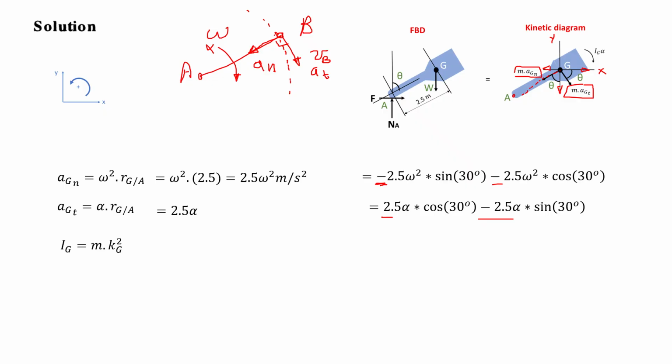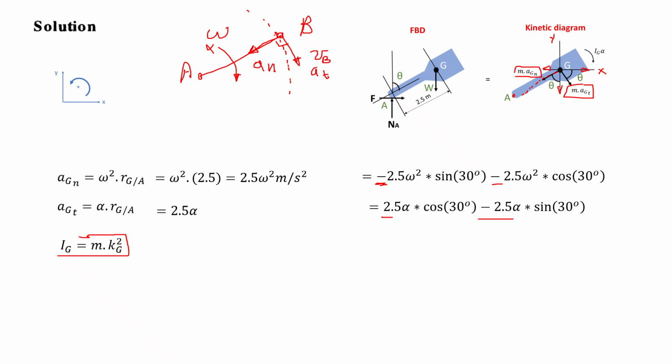So now we're calculating the Ig, or the mass moment of inertia. You remember that we said last time that the radius of gyration is equal to the square root of the Ig divided by the mass. So if I have the radius of gyration, I can simply take it to the power 2 and multiply it by the mass, and this will give me the mass moment of inertia.